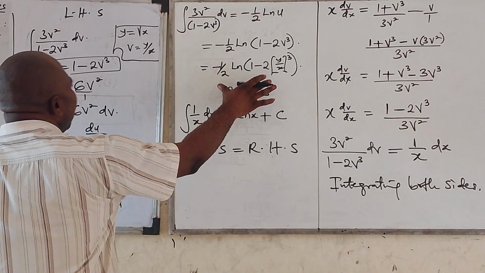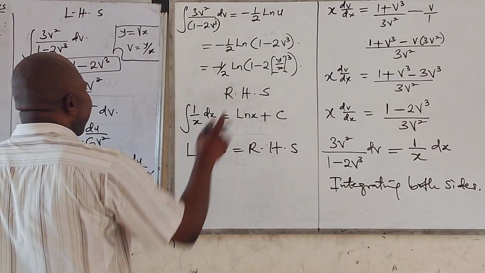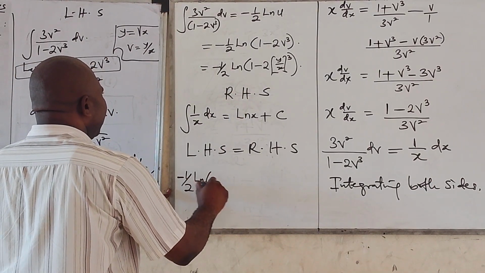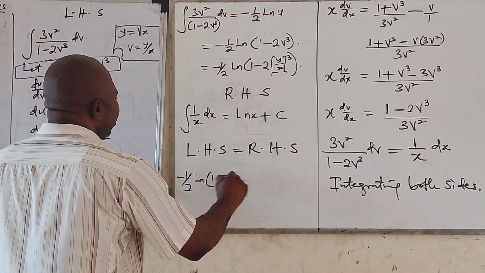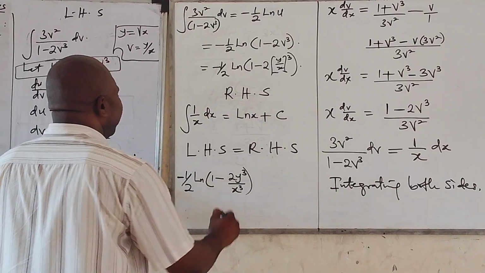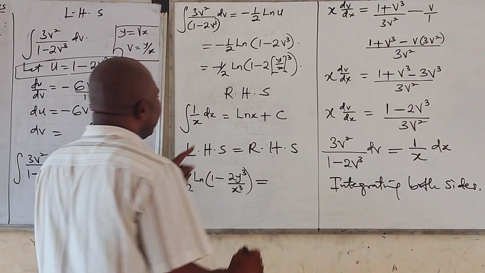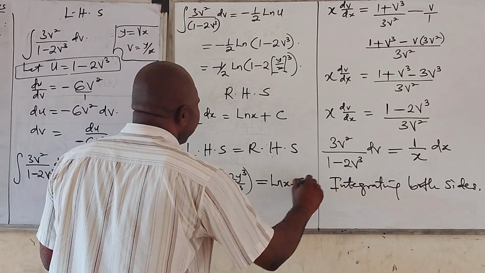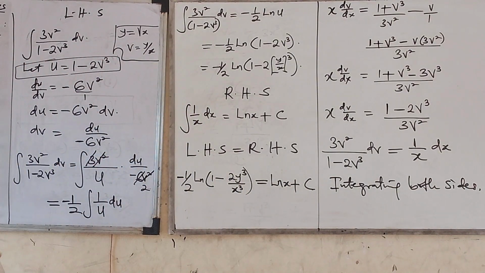So the whole of this, the left hand side, minus 1 all over 2 ln 1 minus 2y raised to the power of 3 all over x raised to the power of 3, is equal to, on the right hand side, ln x plus c.